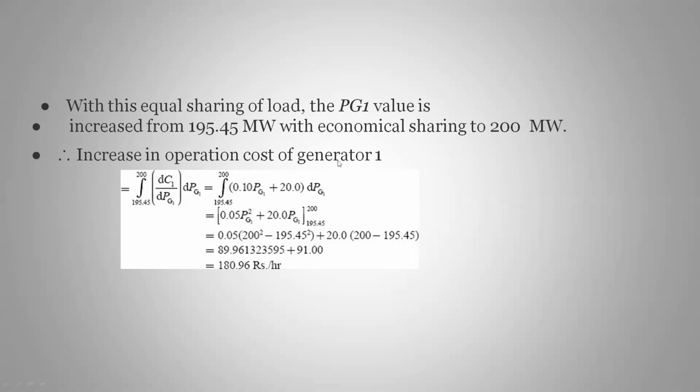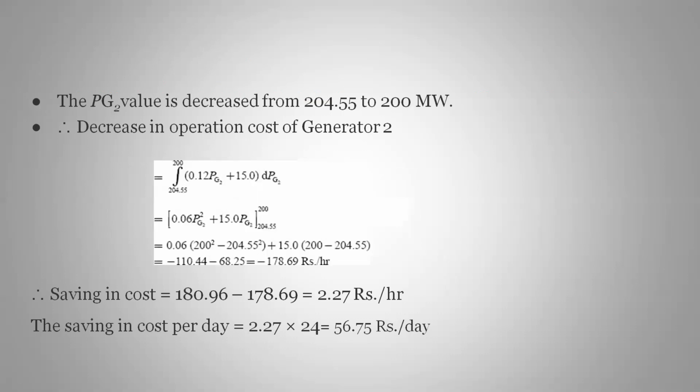Increase in operation cost of generation, integral 195.45 to 200. So dC1 by dPg1 into dPg1, you are calculating 180.96 rupees per hour. Next, Pg2 value is decreased from, what is your calculated power generation? 204.55. What is the given power generation? 200 megawatt.